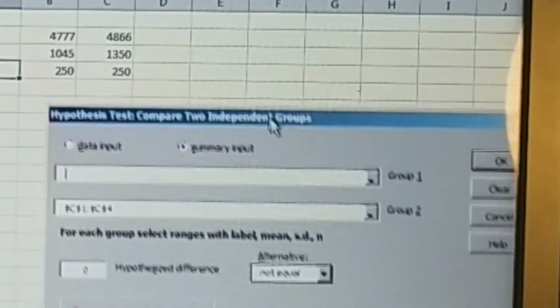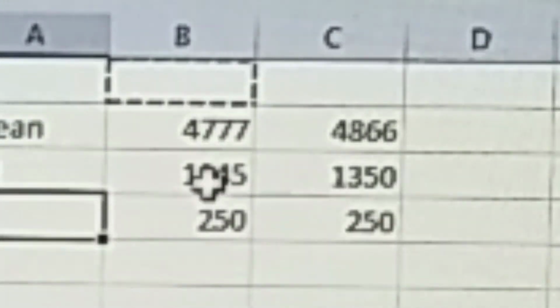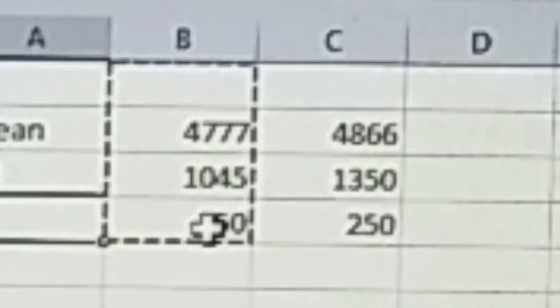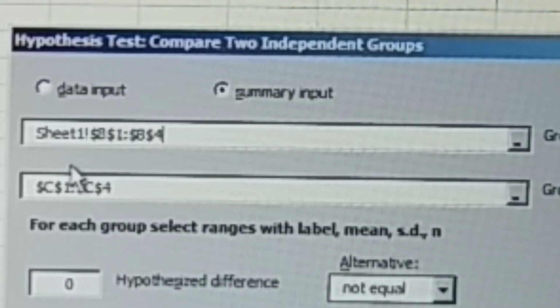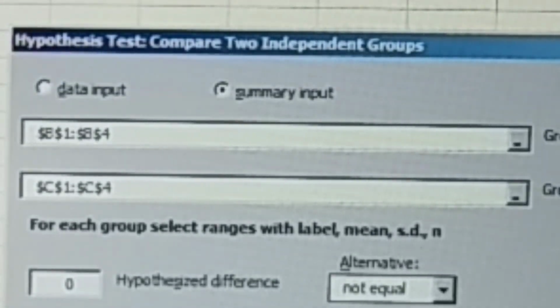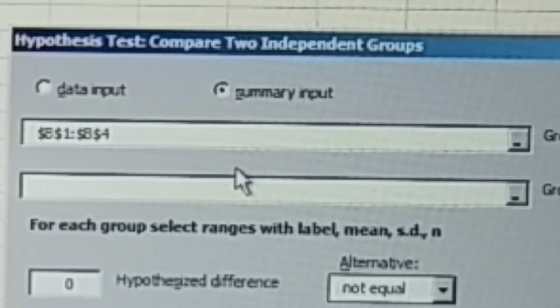First we drag the data from this part up to this part, and after that, we delete this. Then for group 2, we do the same procedure.